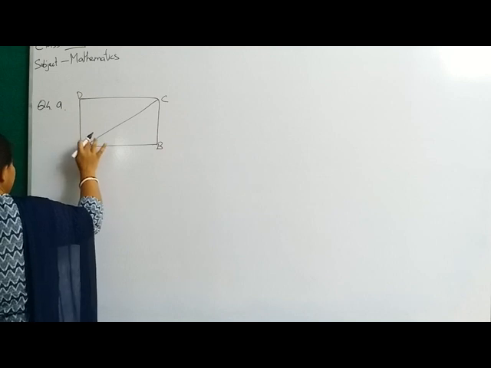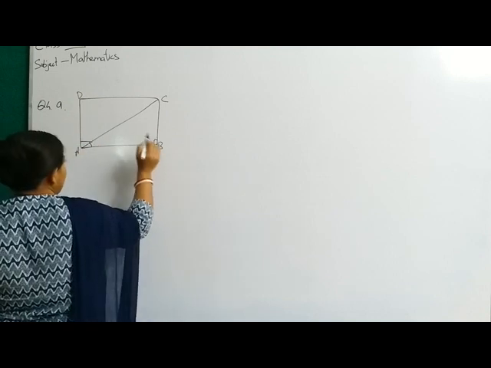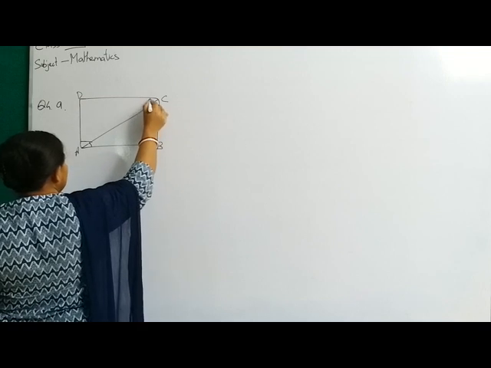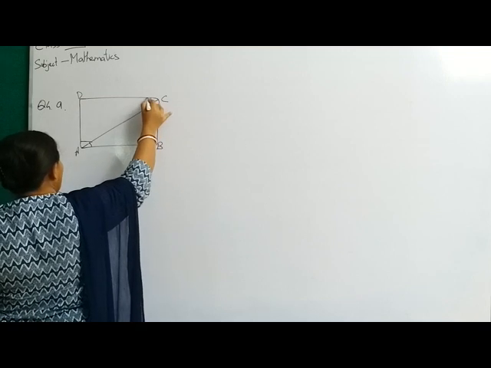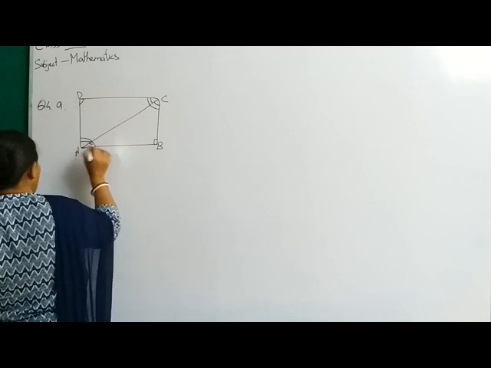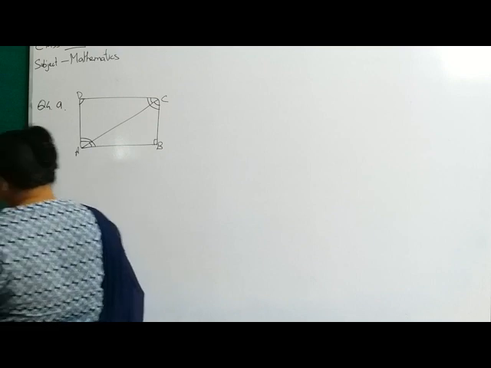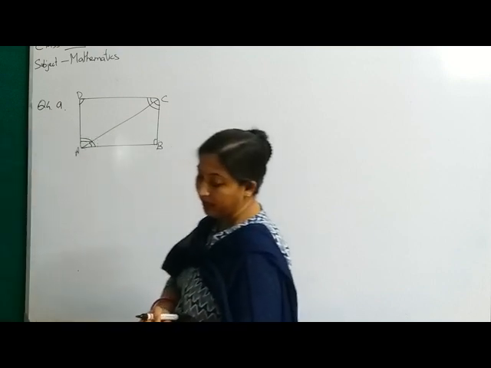Here I am getting 2 angles. Then third, fourth, fifth, the whole one, sixth, seventh and here the whole one, eighth. So here are 8 angles. You will write the names of the angles on your own.